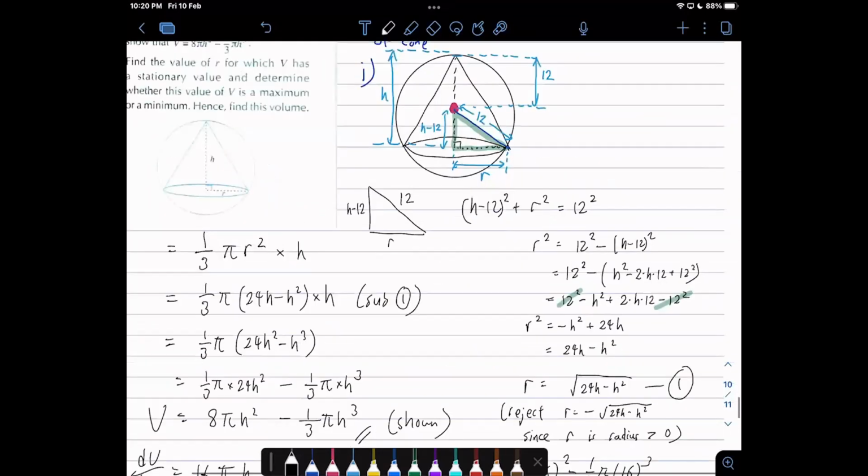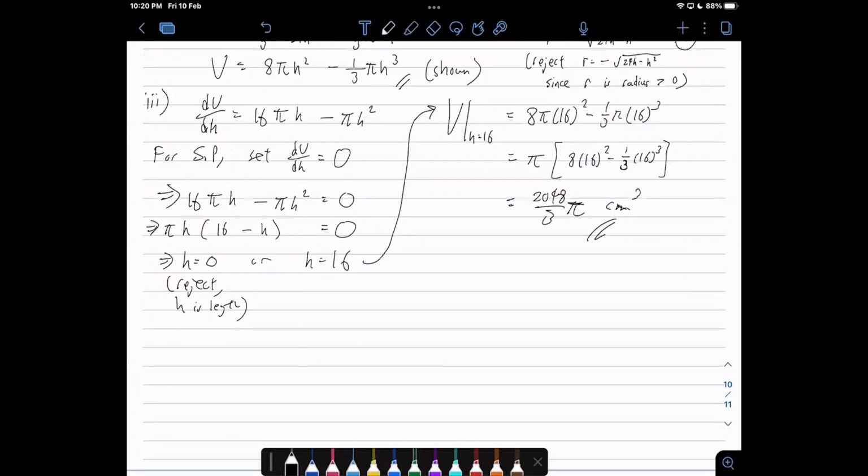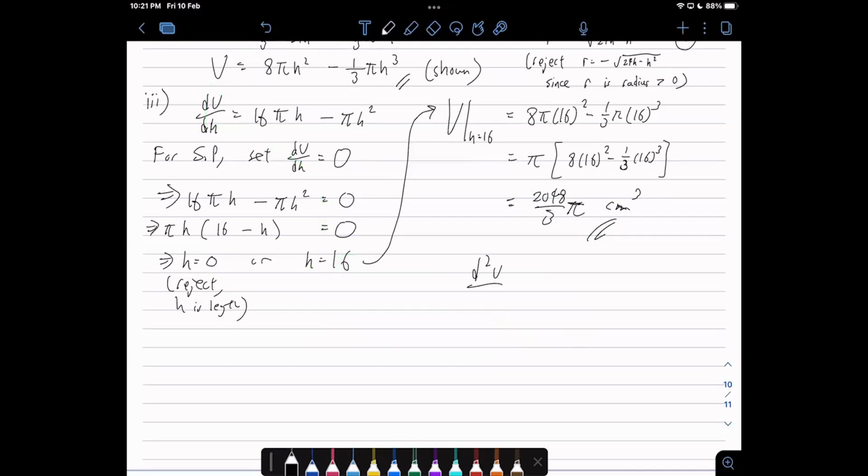So this one, how do you know if it's maximum, minimum, or inflection point? You differentiate again: d2V over dh square.